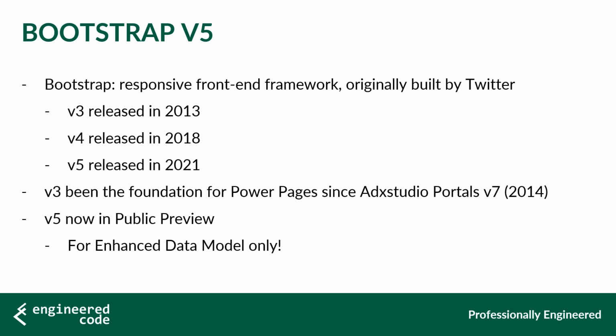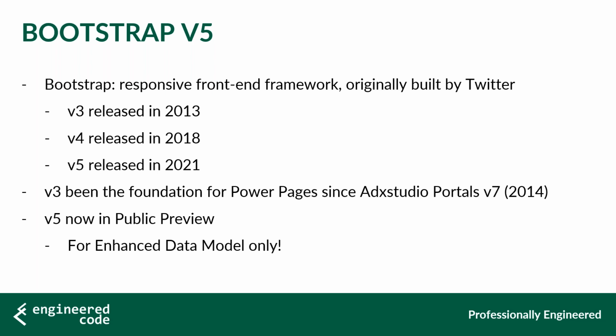Now, one thing to note is that it is for the enhanced data model only. So this is for new sites, or you can only enable it for the enhanced data model. So it's for relatively new sites. In the tooling that I've played with, we'll see the CLI has some migration scripts, and it does work with the old one.